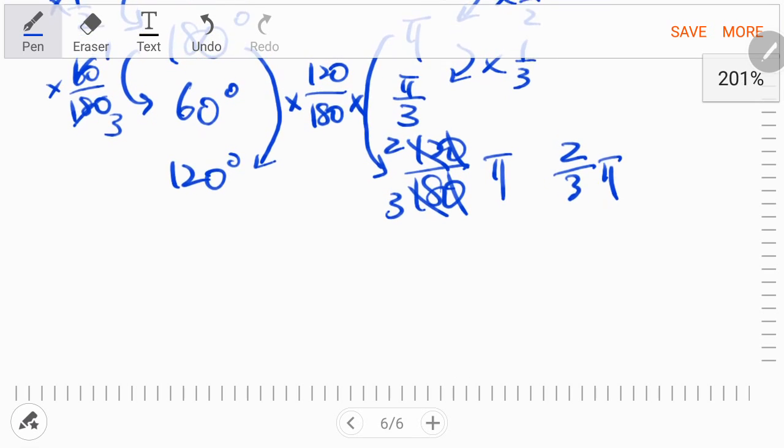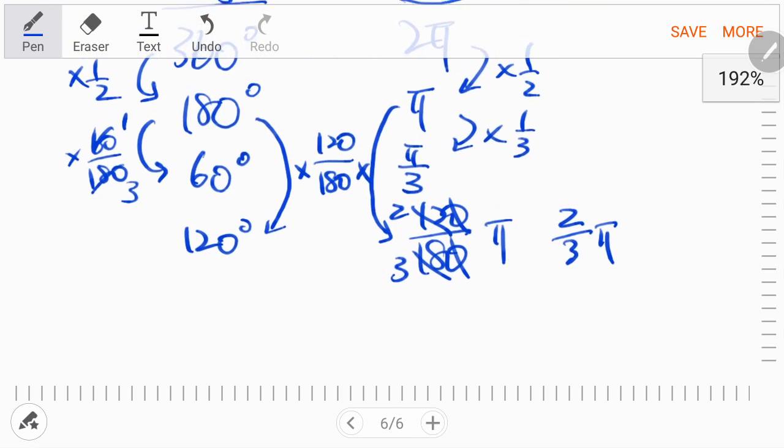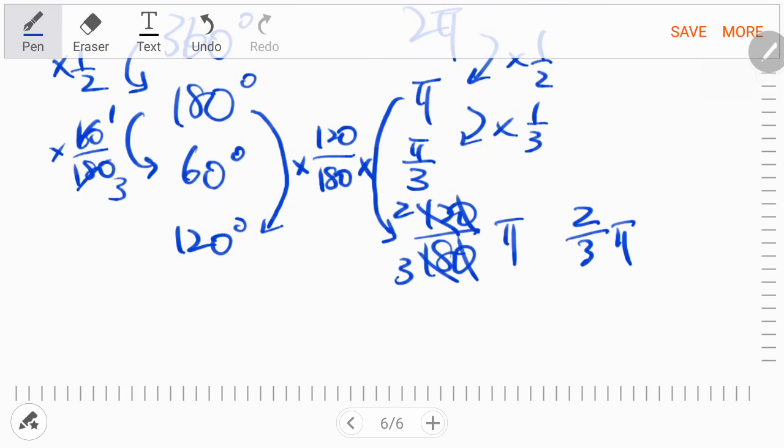Okay. Let's do one more. Let's try to convert radians to degrees. Let's say I have 5 pi over 6 radian, and I want to convert that to degrees. What do I do?